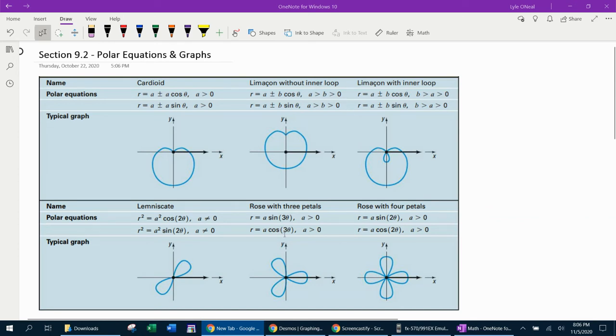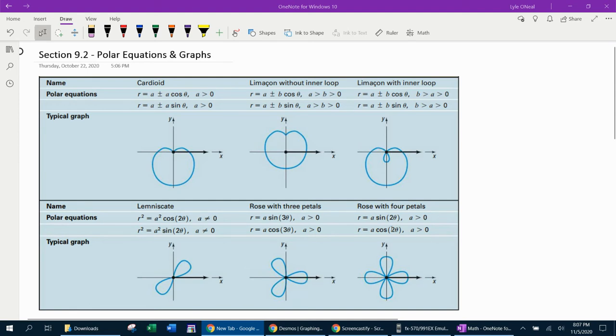If the coefficient of theta is odd, like in this case, the rose with 3 petals, that coefficient is the number of petals. So if you have r equals 5 cosine of 3 theta, the 3 theta is going to say 3 petals. If it was 5 theta, then you would have 5 petals.